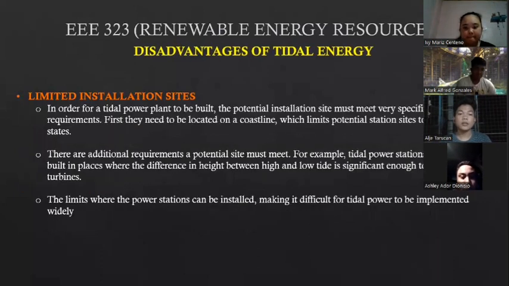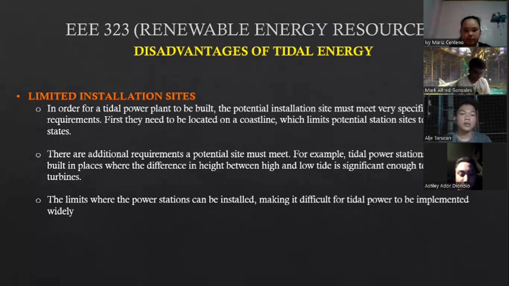And the next is the disadvantages of tidal energy. Limited installation sites. Limited nga lang siya sa isang site na mapag-i-install-an ng tatlong type ng tidal energy.